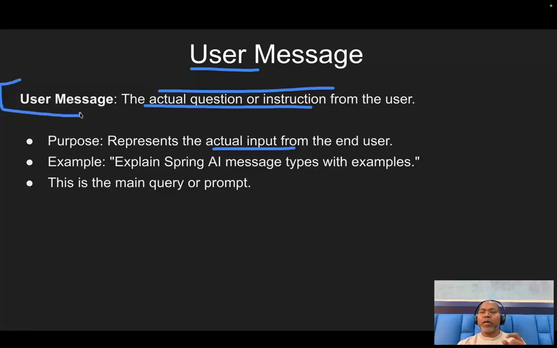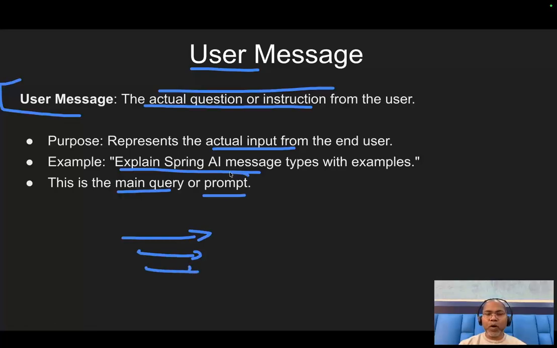A user message is simply your input as an application, what kind of response you want from the LLM. Maybe an example, like explain the AI message types with an example. You can call this the user message, or the main query or prompt. Sometimes you can say a simple question, simple input, or main query or prompt.